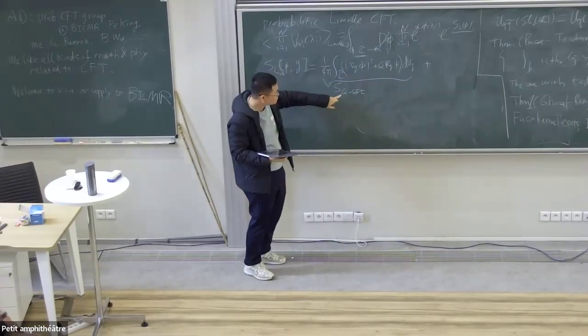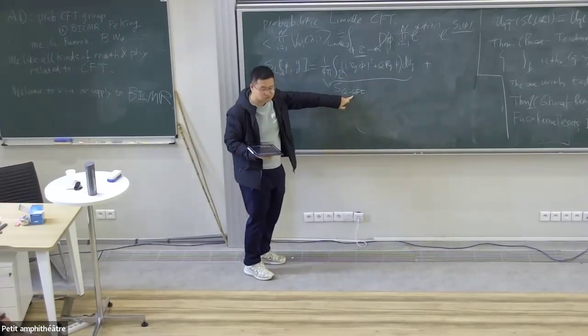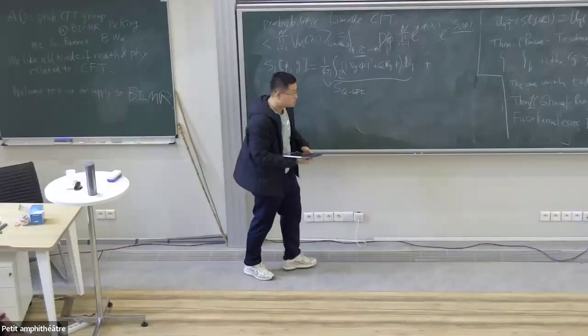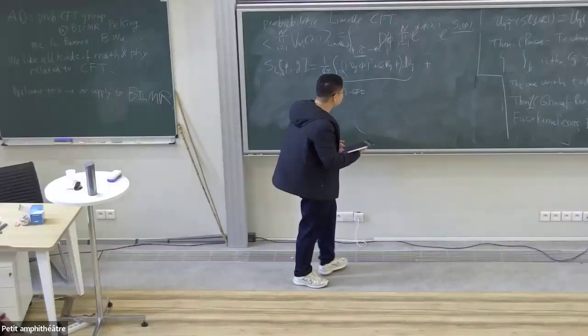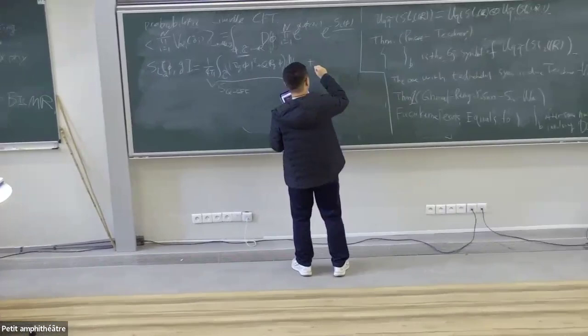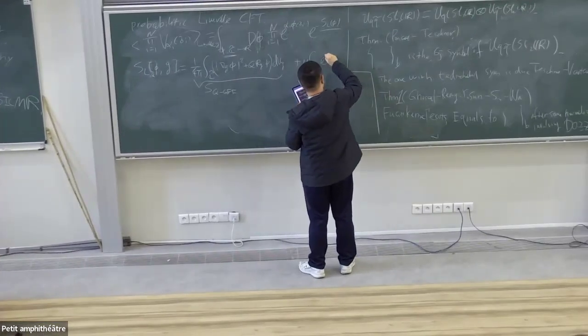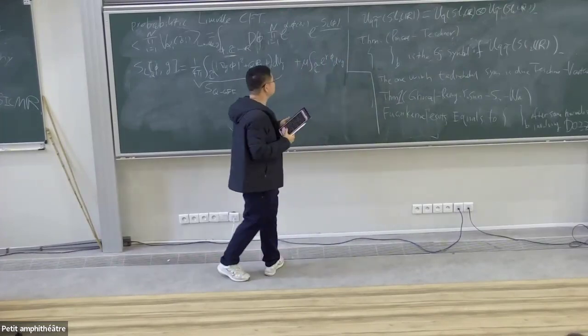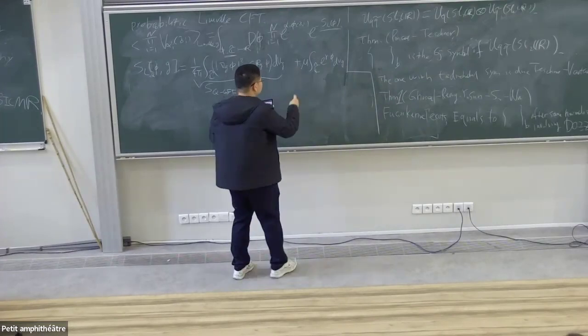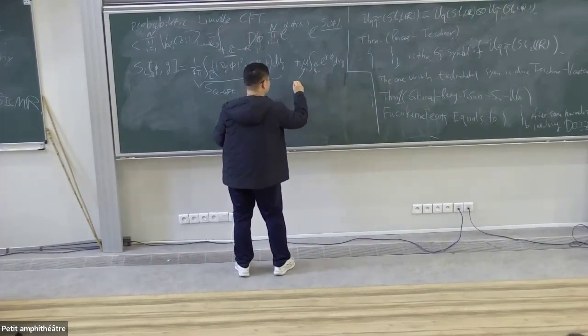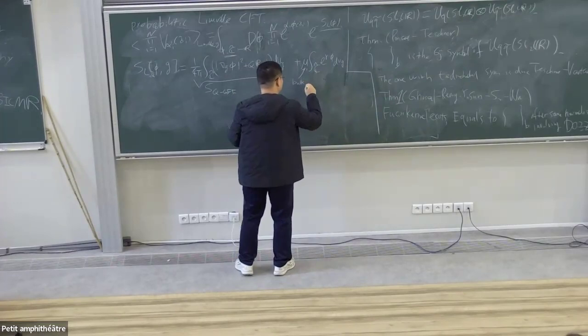I will call this the action for the Gaussian free field with background charge Q, and this is the background charge. And this is the Liouville potential, and this nu is a positive thing. This is a cosmological constant.